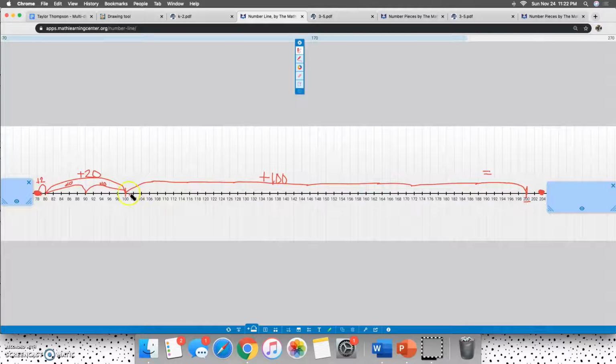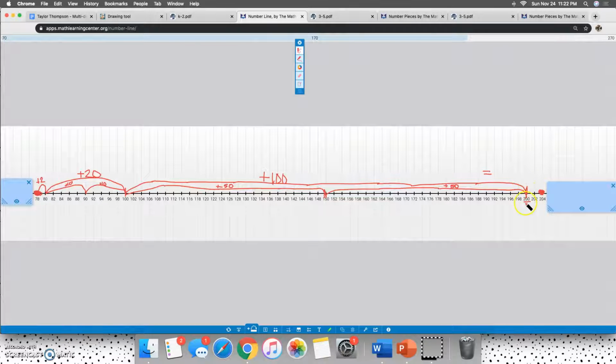Now, like I said earlier, the student can benchmark 10 or benchmark 50. So 100 plus 50 is 150, and 150 plus 50 is 200. And 50 plus 50 is 100. So that's where the 100 comes from.